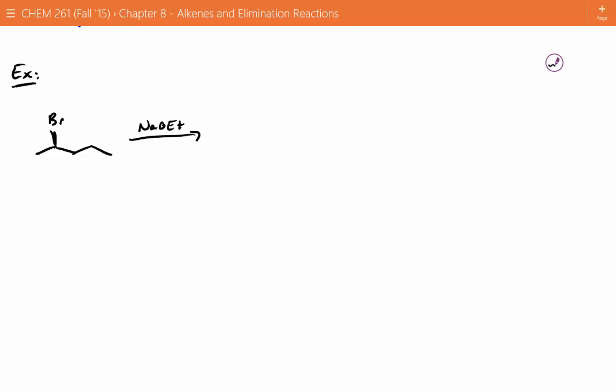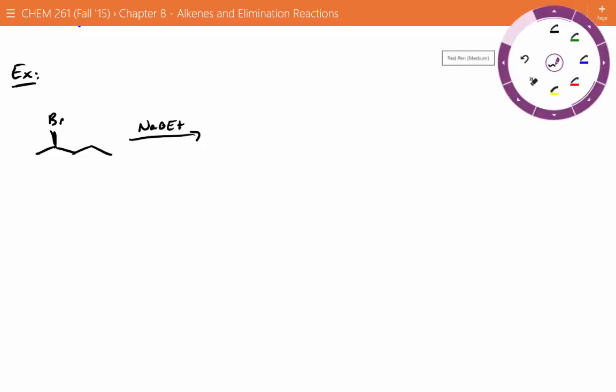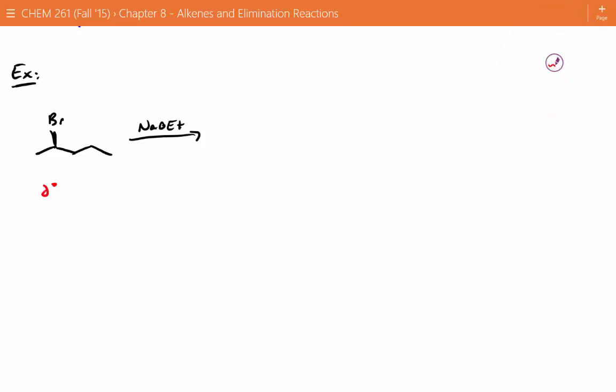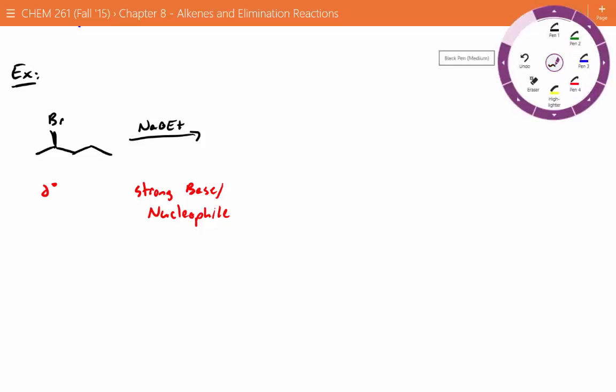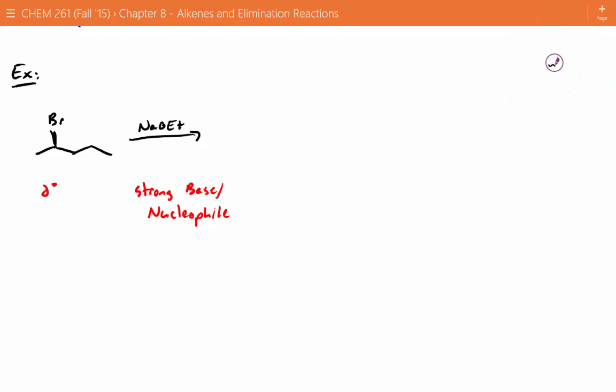And if we look at our carbon, is that primary, secondary, or tertiary? So it's secondary. We've got a strong base that is also a nucleophile. So what do you think our major product is going to be? Mostly E2.